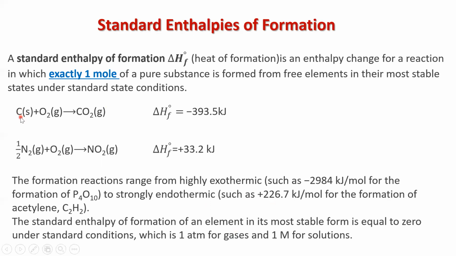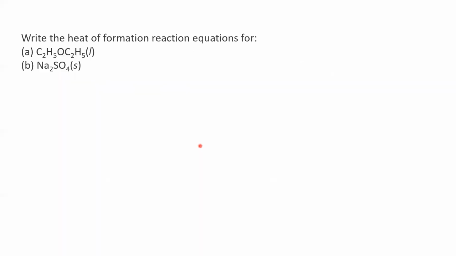Why? Because it's not a compound. It's not being formed from its elements. It's an element itself. O2 would have an enthalpy of formation value of 0 because it's an element in its standard state. And nitrogen would be 0 for its enthalpy of formation value. You can look these values up on a table, and we're going to use those values in a couple of different kinds of problems.